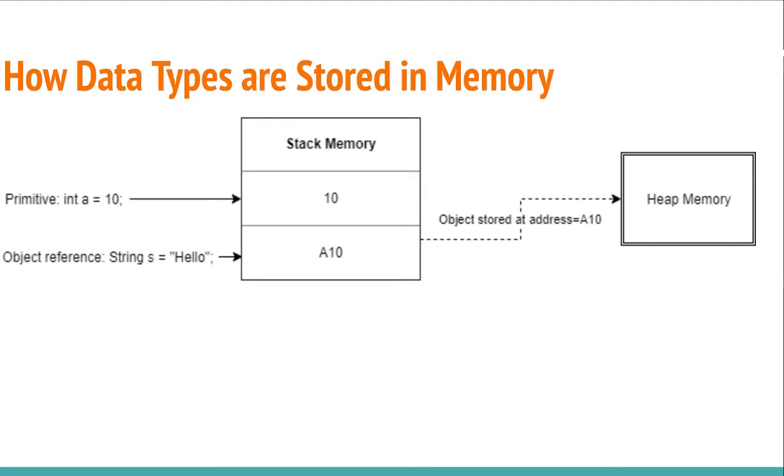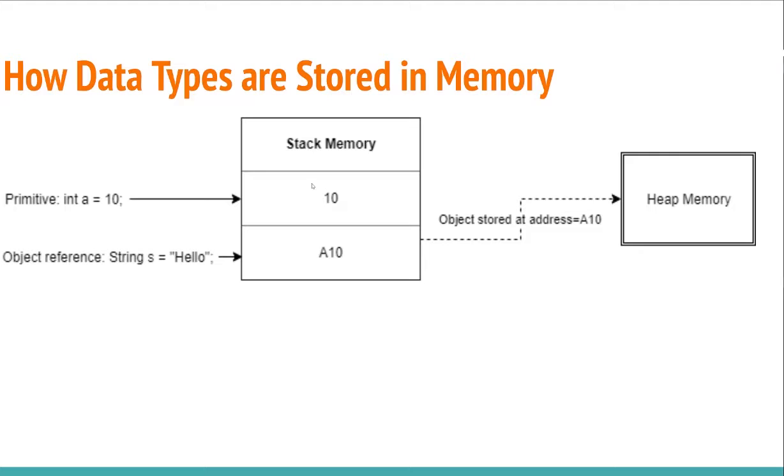How are data types stored in memory? When we declare a primitive integer, for example, int a equals 10, the raw value is stored directly in the stack memory, as we can see here.